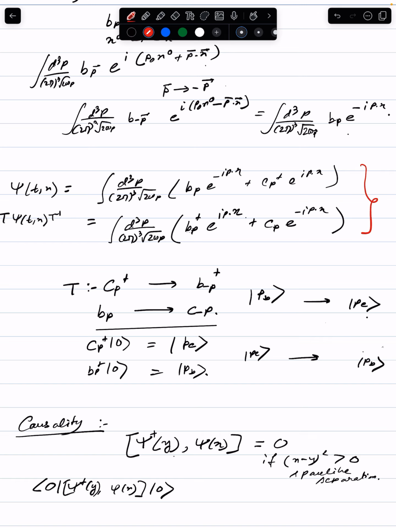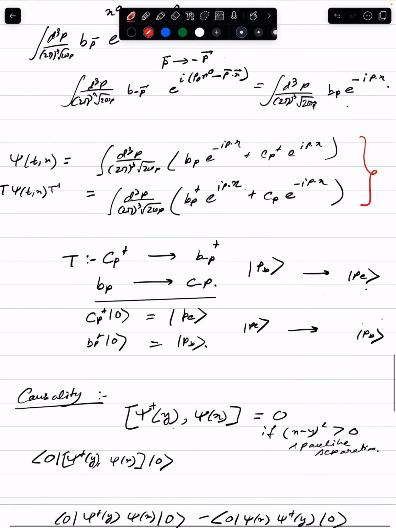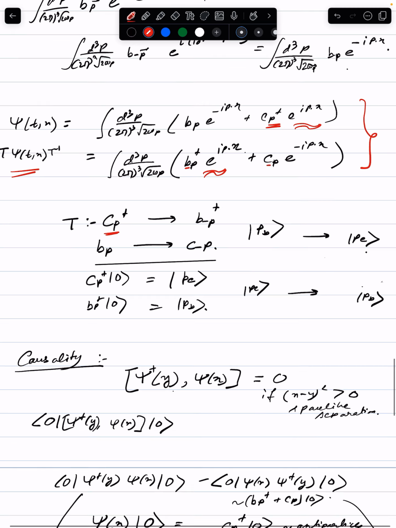So you see that if I compare these two terms, then under time reversal, Cp dagger, which was the coefficient of the e to the power i p dot x term, is getting mapped to the B minus p dagger. This is minus here, and this is minus here. Cp dagger goes to B minus p dagger, and Bp goes to C minus p.